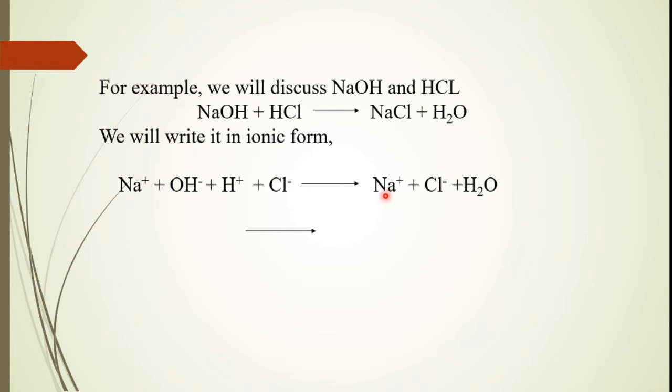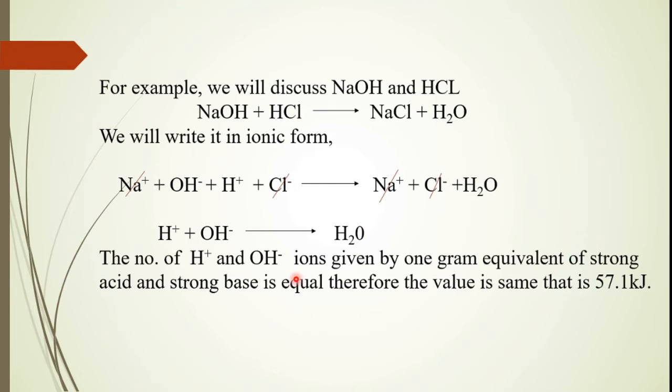Now we will cancel the same terms from both the sides. That means Na+ will cancel out with this Na+, Cl- with the Cl- present in the left hand side. So what is the remaining? H+ will react with OH- to give H2O.